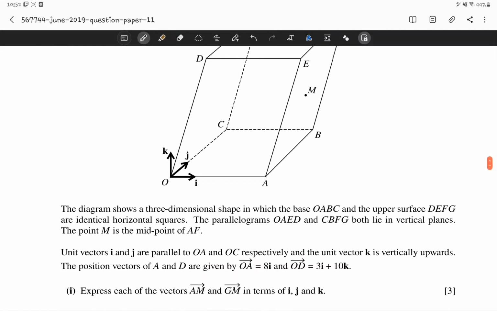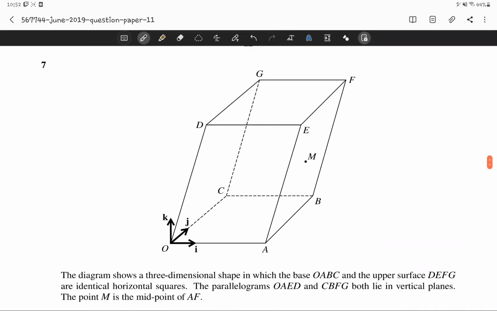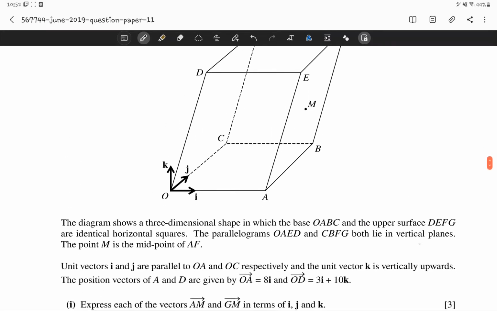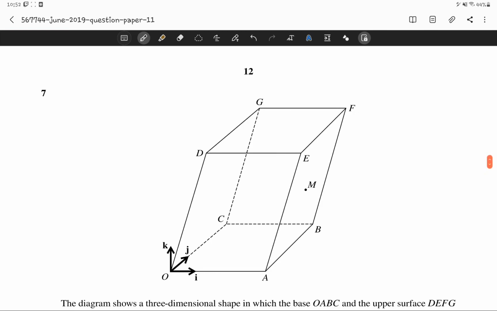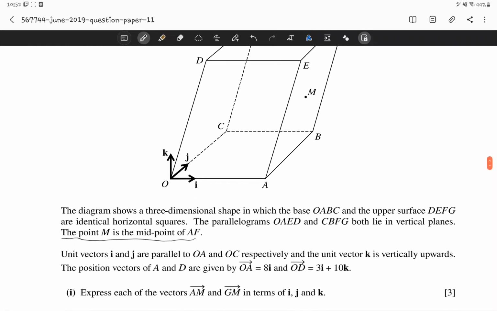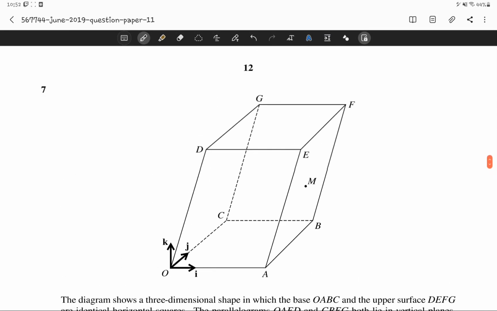Well, judging by the picture, I guess I'll solve it. What is the A? The midpoint of A and F. This is pretty hard. Oh. It gives us this.